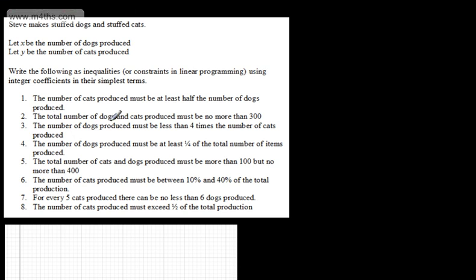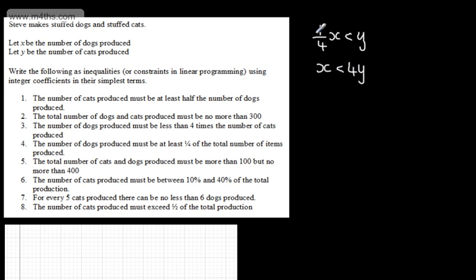The number of dogs produced must be less than 4 times the number of cats produced. We can write this now as 1 over 4 x must be strictly less than y. Okay, if we want to write this with an integer coefficient, we can say that x must be less than 4y.